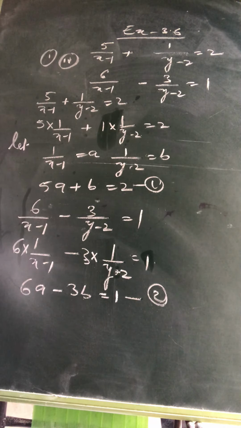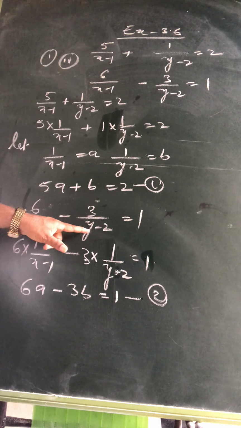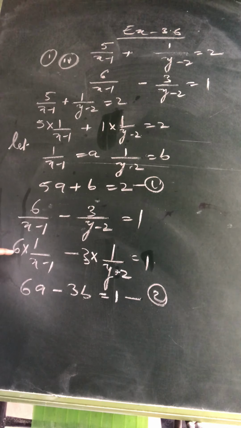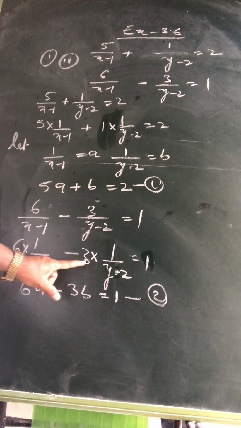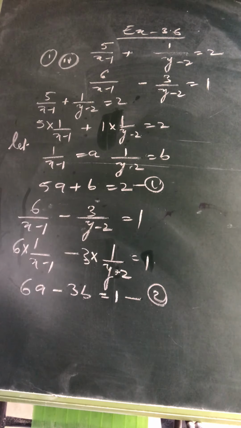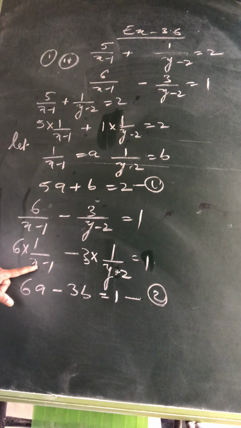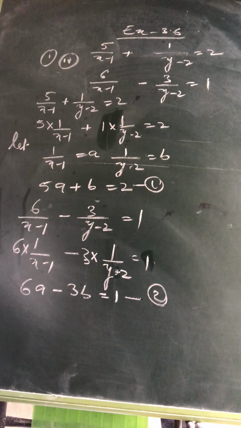Now the next, 6 by (x minus 1) minus 3 by (y minus 2) is equal to 1. You write this as 6 into 1 by (x minus 1) minus 3 into 1 by (y minus 2) is equal to 1. Already we denoted 1 by (x minus 1) as a and 1 by (y minus 2) as b.